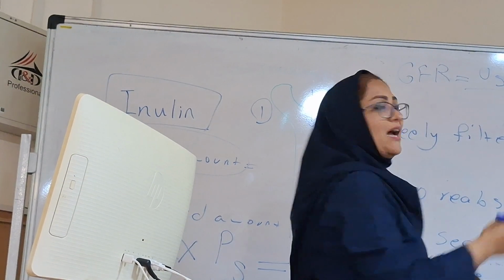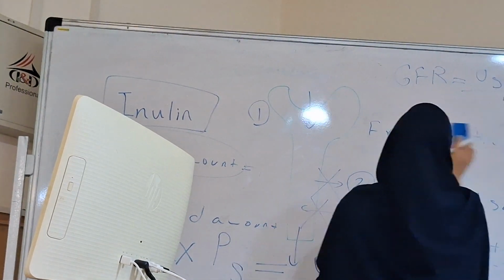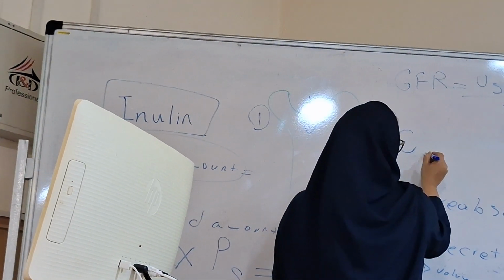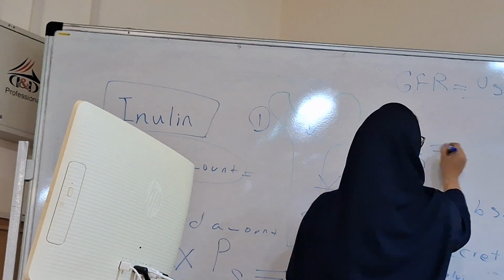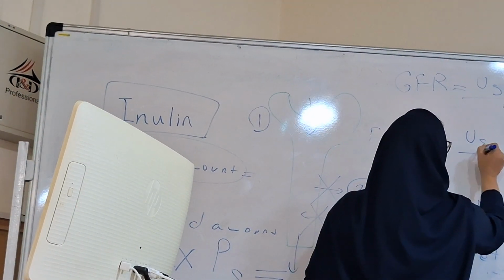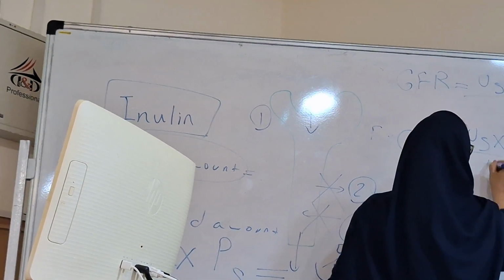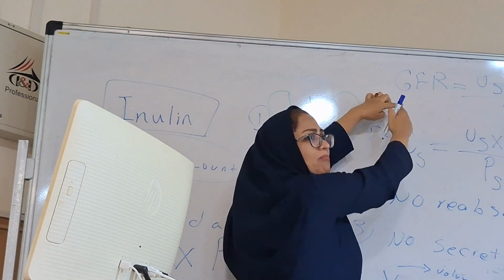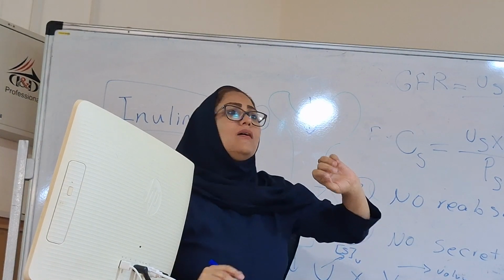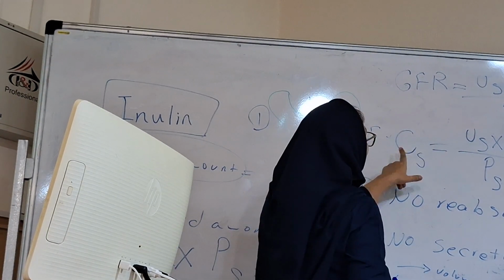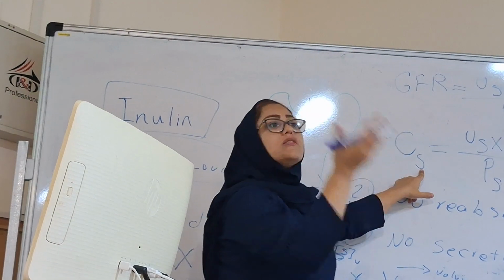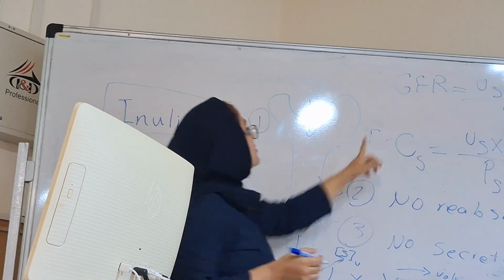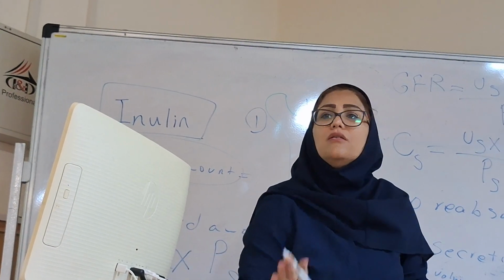On the other hand, the clearance formula for a substance S is U_S multiplied by V divided by P_S. It's all the same. It means when we calculate the clearance of a substance with these characteristics, it's the same as GFR.